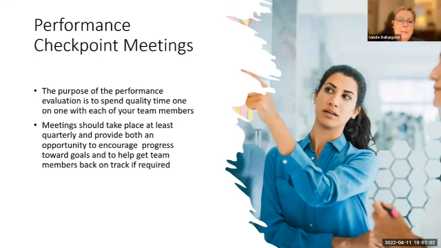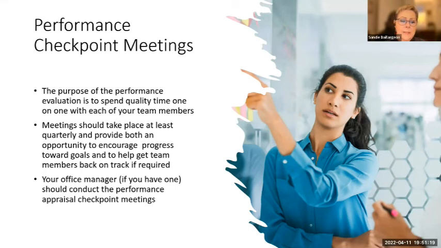It also gives the team members an opportunity to discuss any obstacles that they might have encountered. For example, I didn't meet my financial goals for this quarter because, remember, in the month of December, there were a lot of people off on holidays or there were a lot of statutory holidays and that kind of thing.